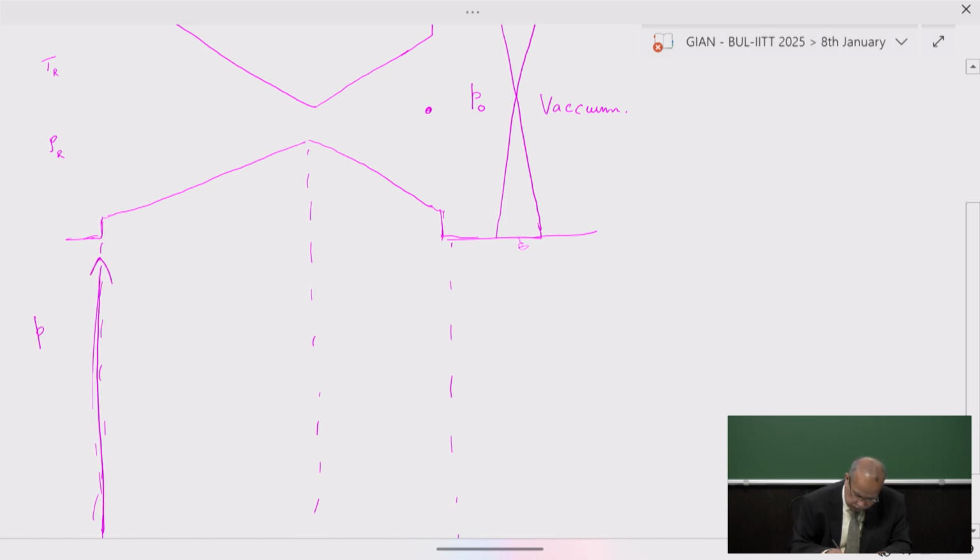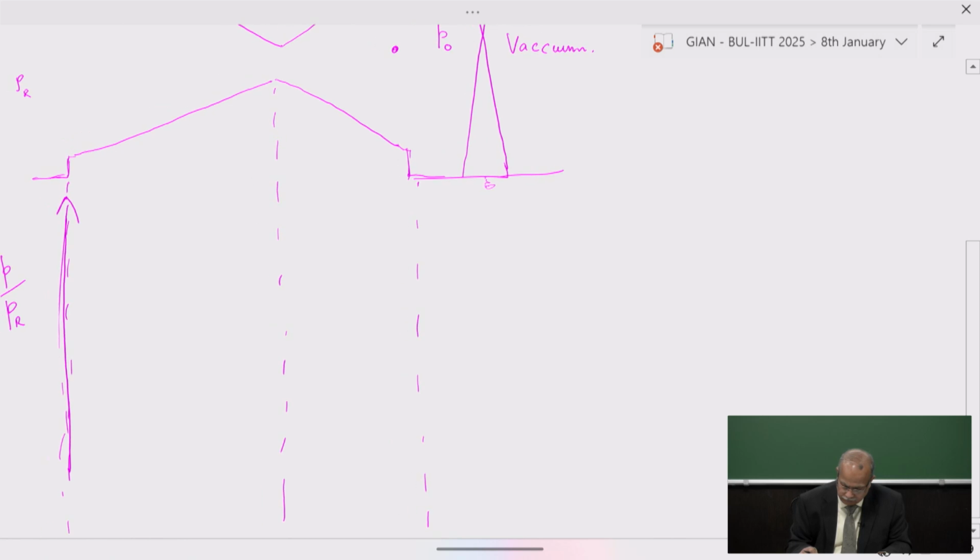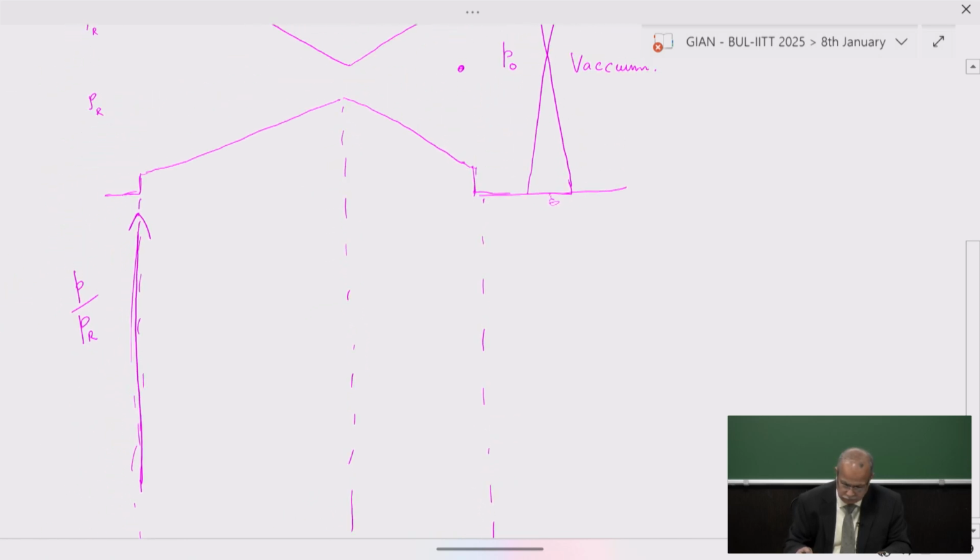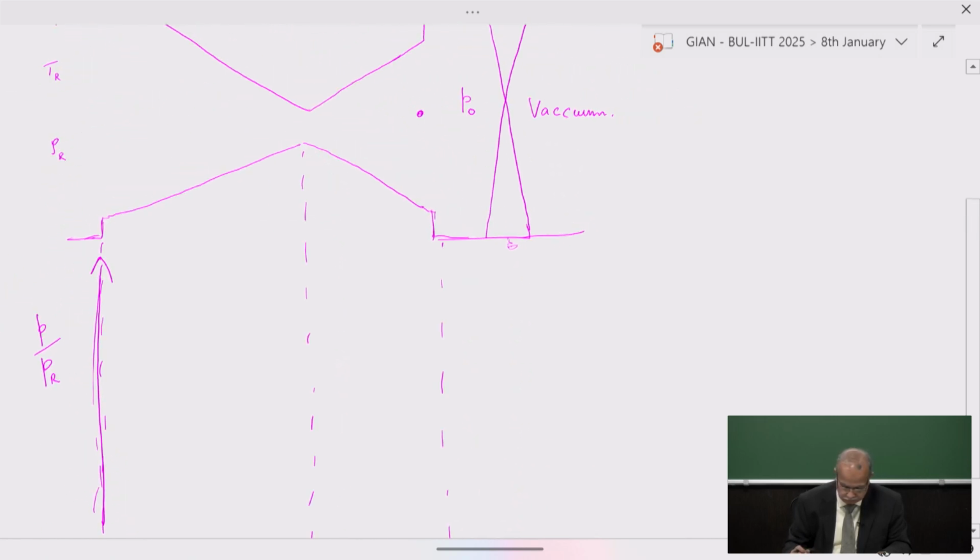On the y-axis, we are going to plot P, the pressure at any point, normalized with the reservoir pressure.